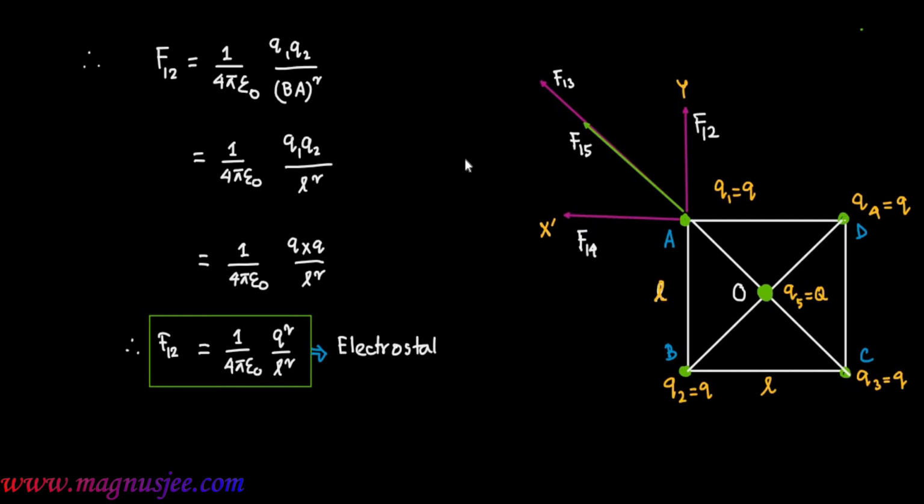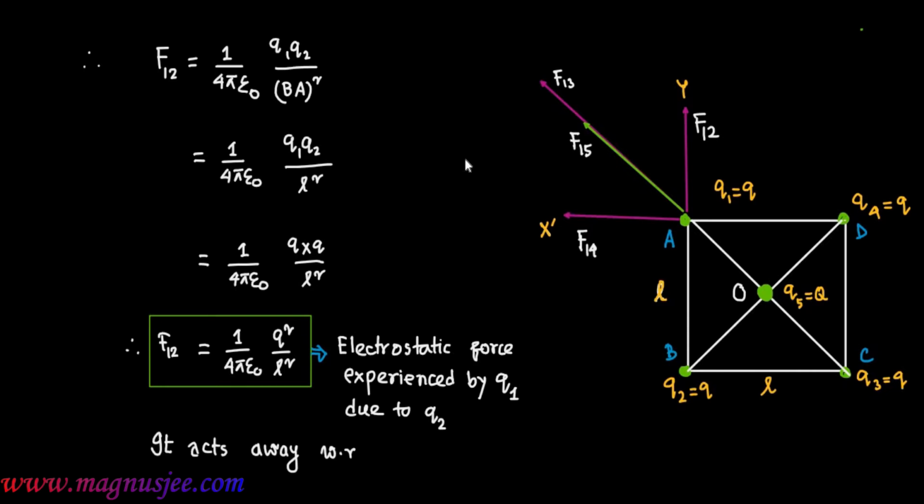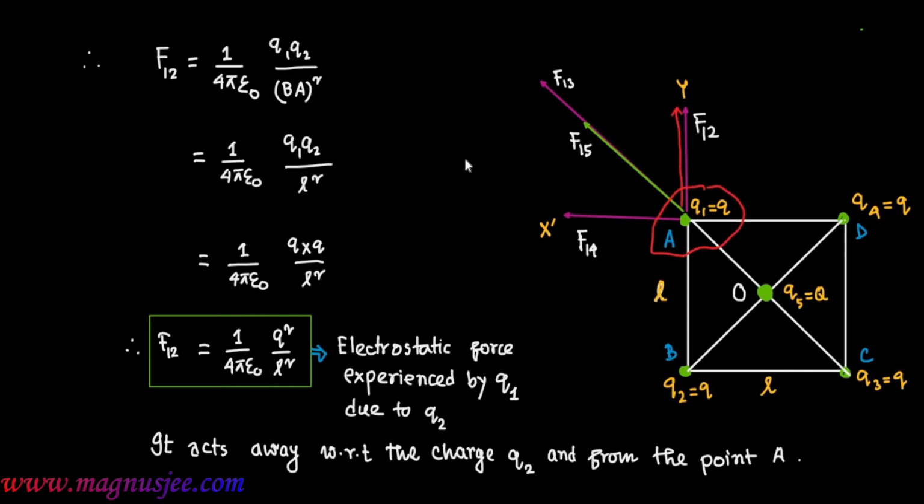This is the electrostatic force experienced by the charge q1 at the corner A of the square ABCD due to another charge q2 at the corner B. This force acts away with respect to the charge q2 and it acts from the point A. In this case, the charge q1 equal q at the corner A experiences a force F12 due to the charge q2 equal q at the corner B of the square.